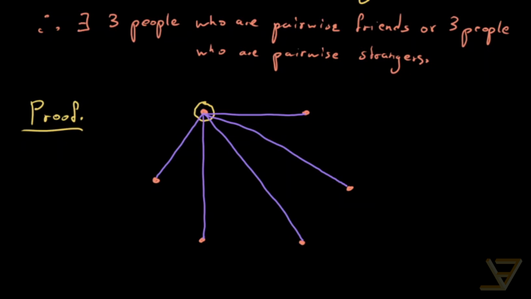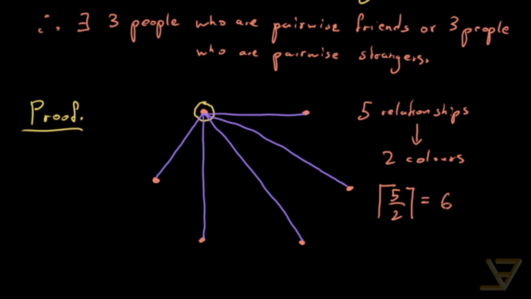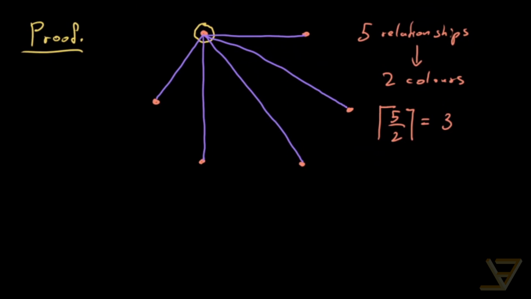But the idea is that we have 5 relationships mapping to 2 colors. We don't know what the 5 colors are that we're going to be drawing, but the strong pigeonhole principle tells us that there's ceiling of 5 over 2 equals 3 of these relationships that are the same color.